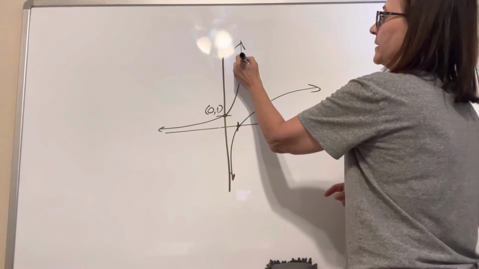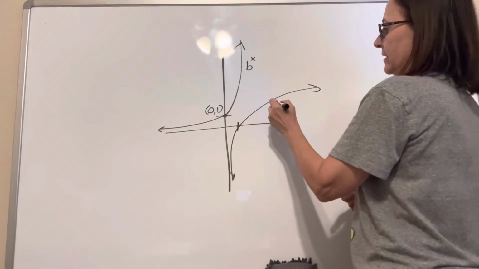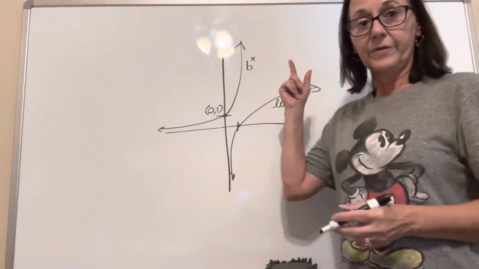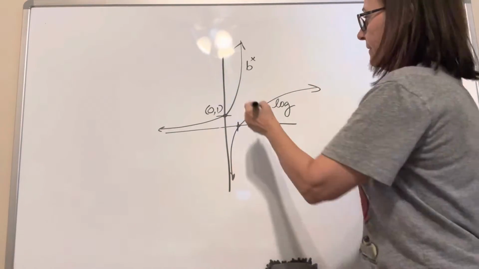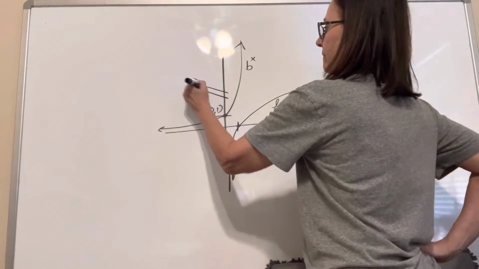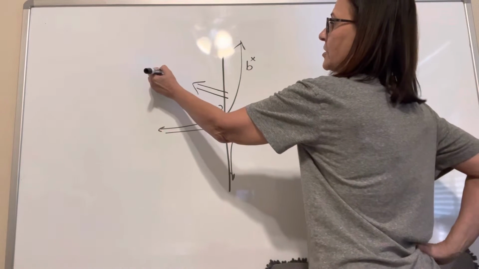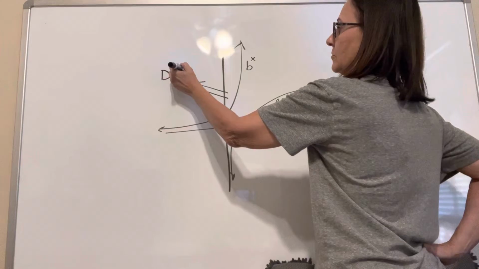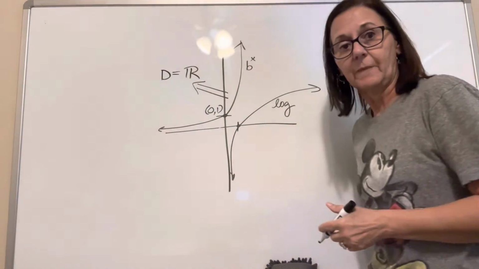Okay, this is exponential, b raised to the x. This is logs. Okay, let's think about this. With exponential functions, my domain was all reals.